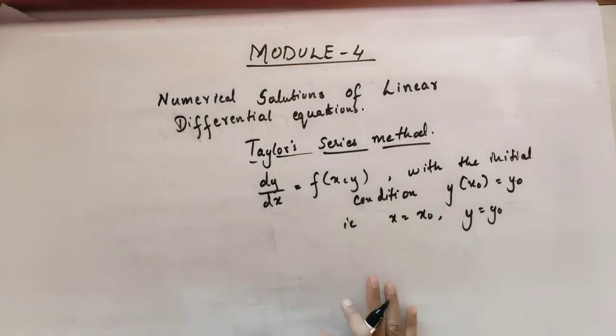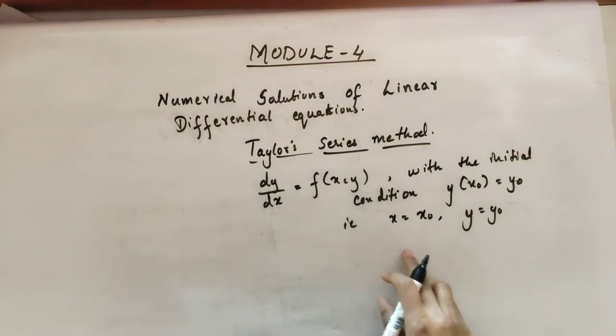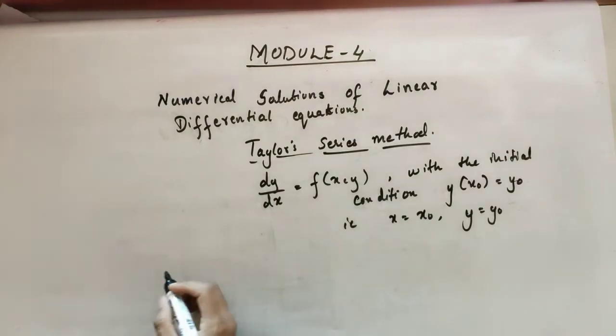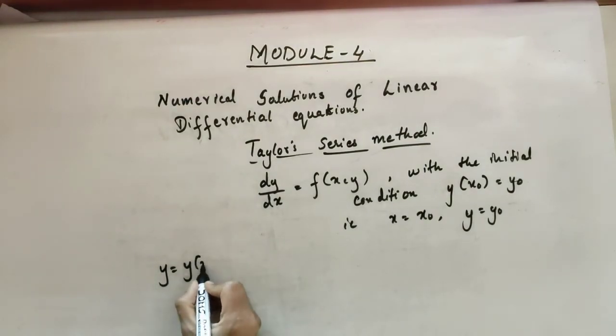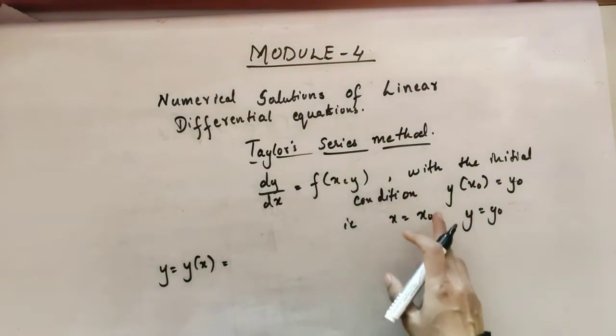If that is the case, how do we use the Taylor series here? We just expand the Taylor series about the point x is equal to x naught, so that in the neighborhood of x naught we can find the value of y. I will expand the solution y is equal to y of x as a Taylor series in powers of x minus x naught, that is, about the point x naught.